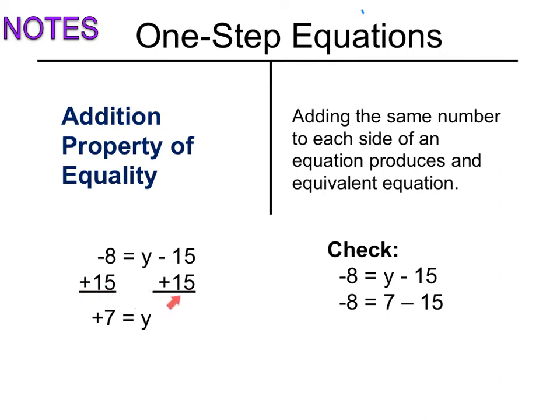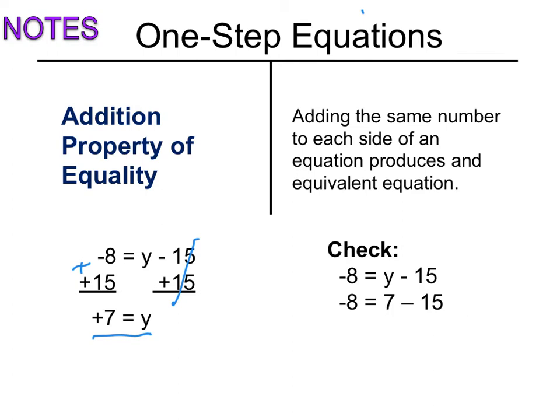That's so I'm implying that I'm adding these together. So a negative 15 plus a positive 15 would equal 0. So these actually cancel out. And then if I look at my other little summation problem, I have a negative 8 plus a positive 15, and 15 minus 8 would be a positive 7. So y is equal to positive 7.